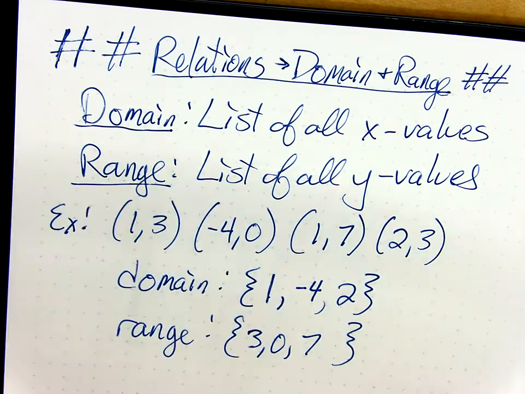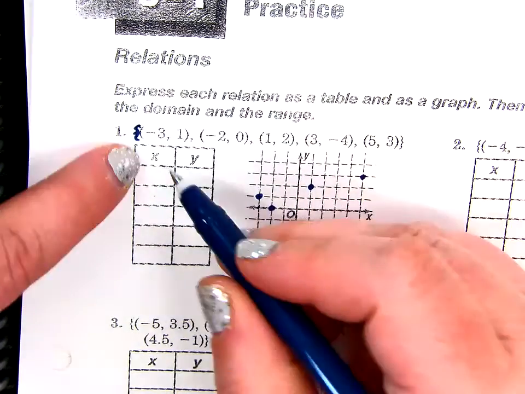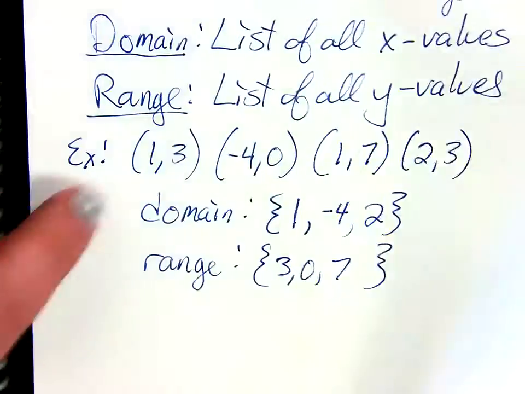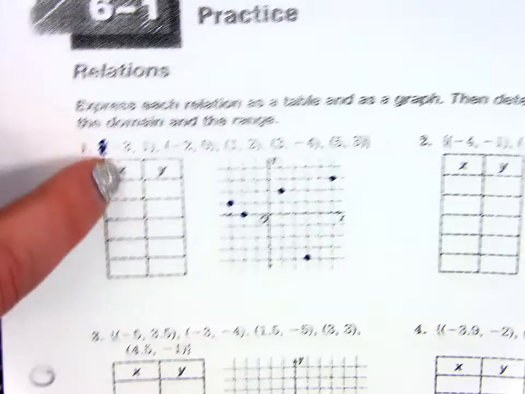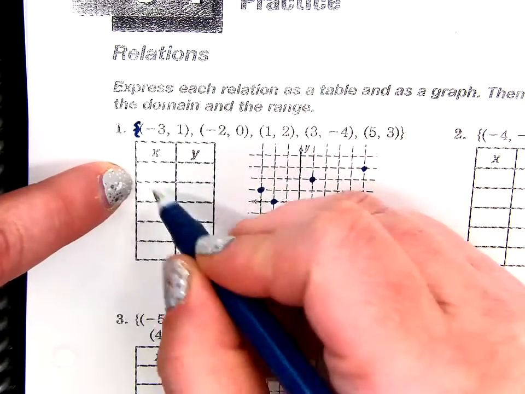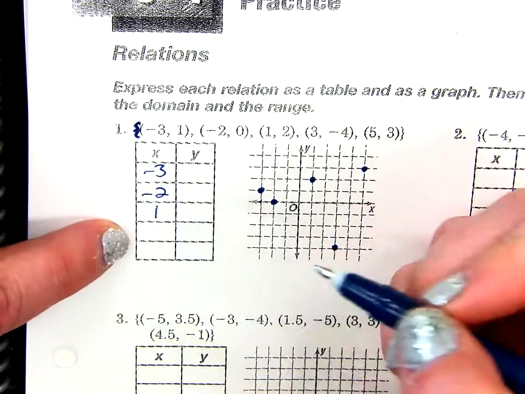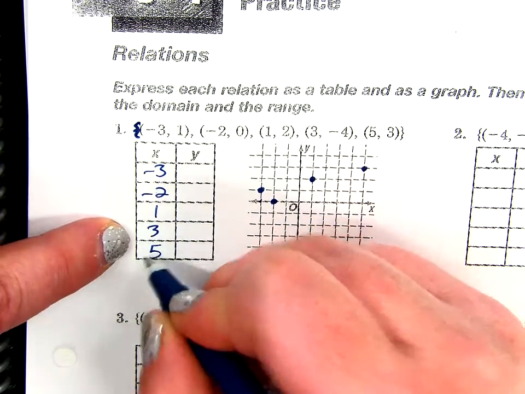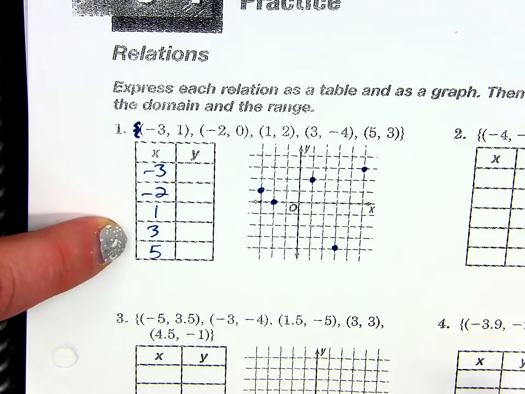So if you look at this worksheet, instead of writing it like we did, domain with the curly brackets and listing the numbers and then range, they have you just listing it in the chart. So for this particular one, my x values are -3, -2, 1, 3, and 5. So there, x values, same thing as domain.